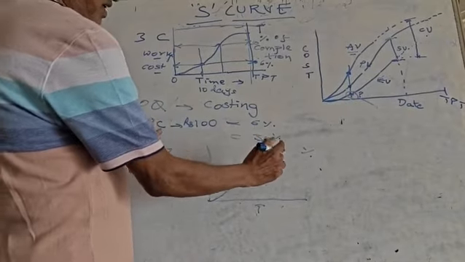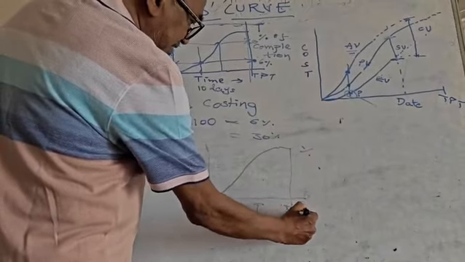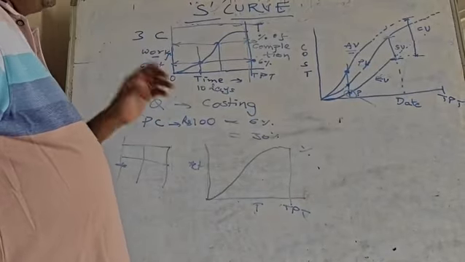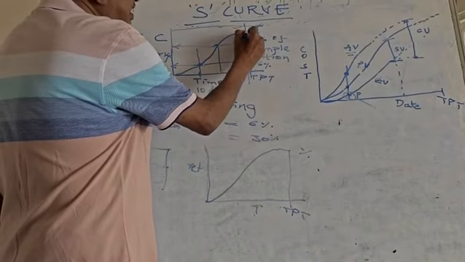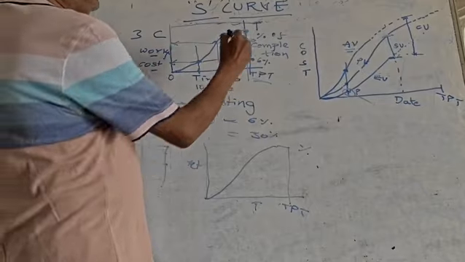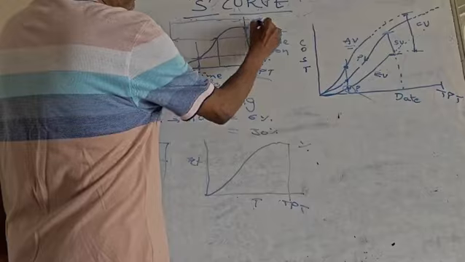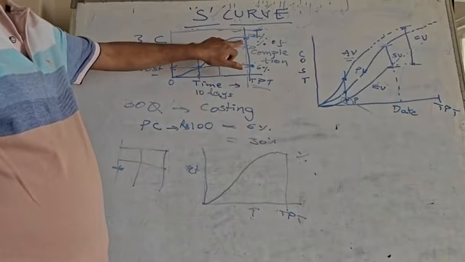Then normally what we try to do is, if this is going up to the project time, that is TPT, the total project time duration, exactly when this curve touches here, on the exact date of TPT, it should be able to complete 100%. So here percentage of completion should be 100.